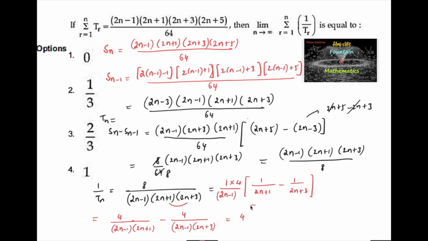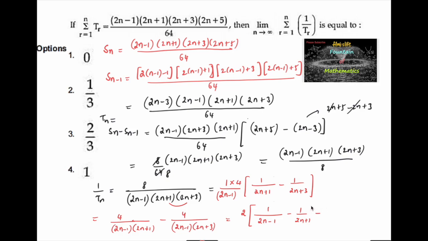That is, 4 taken common. Here the difference between 2n minus 1 and 2n plus 1 is 2. So I can take only 2 common. So if 2 is taken common, we can write 1 upon 2n minus 1 minus 1 upon 2n plus 1.